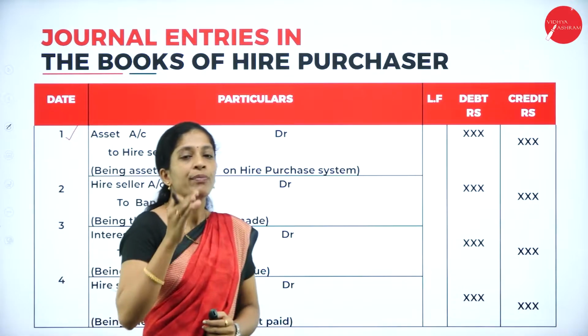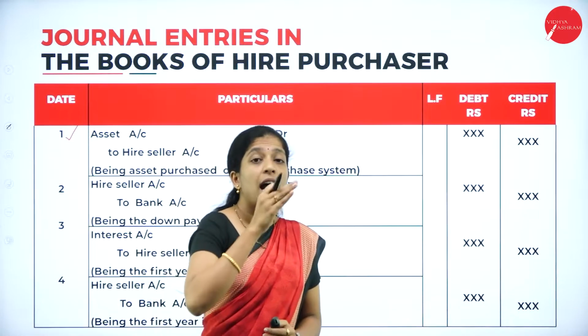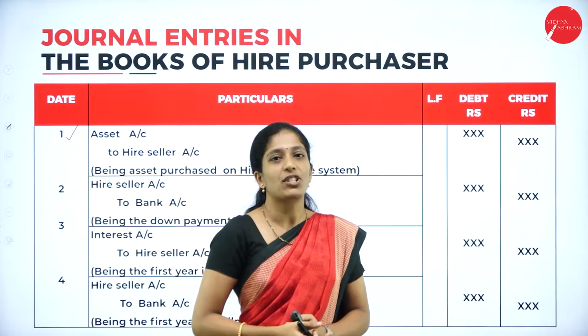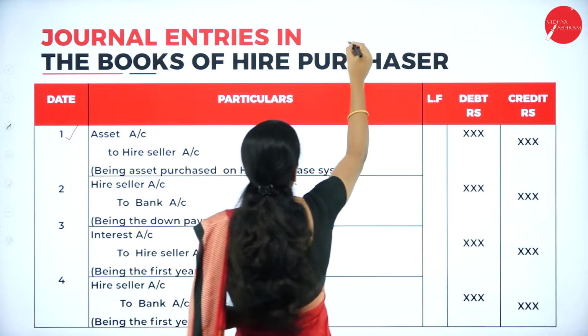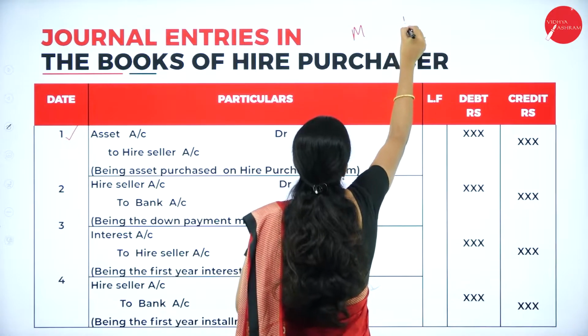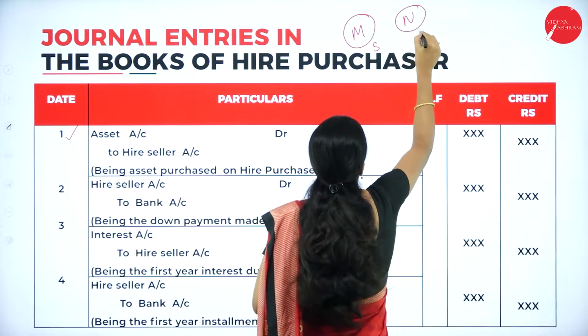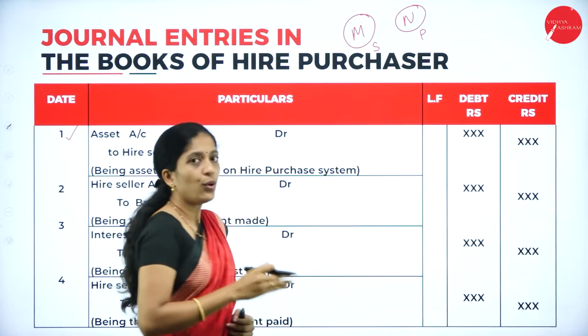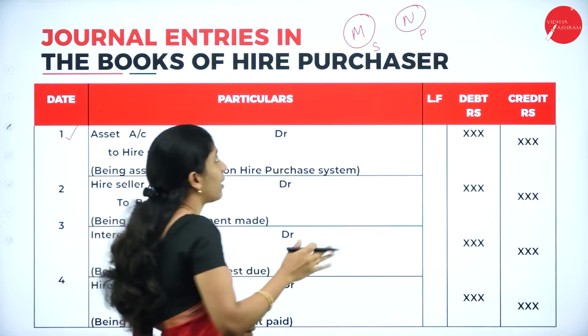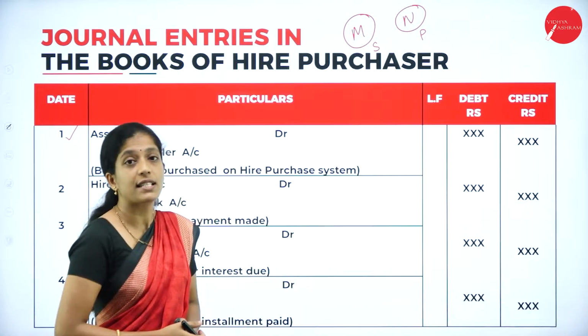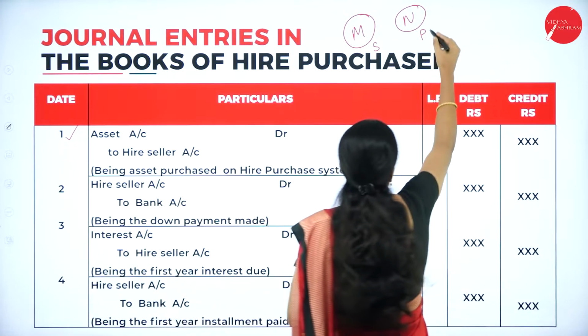It is an agreement between the hire seller as well as the hire purchaser. For example, there are two parties, M and N, and M is a seller and N is a hire purchaser. We are going to prepare journal entries in the books of hire purchaser.